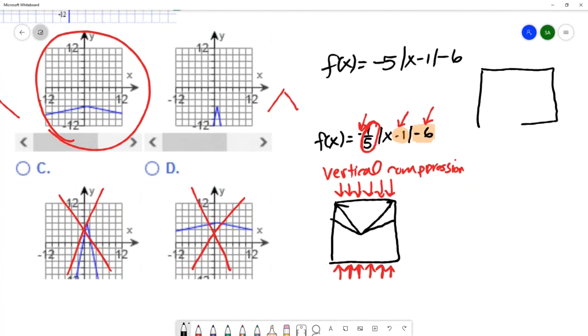So we would imagine our absolute value graph, and vertically we're going to stretch on the top and on the bottom. And what that does is it makes the graph stretch out vertically like this. And so it would make more sense to have this graph if it was a vertical stretch.